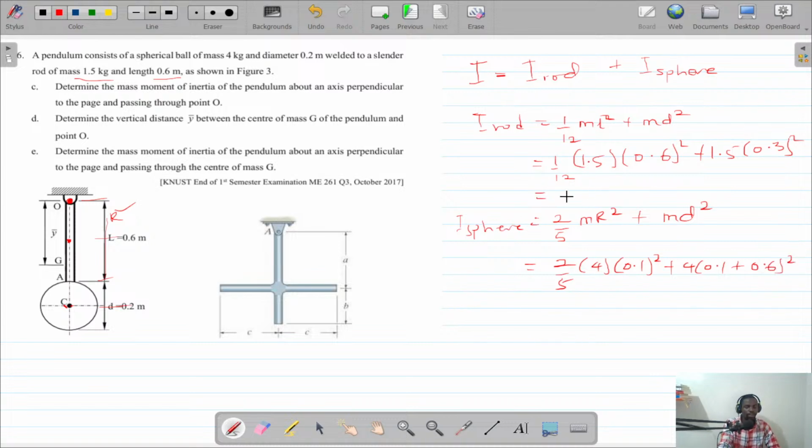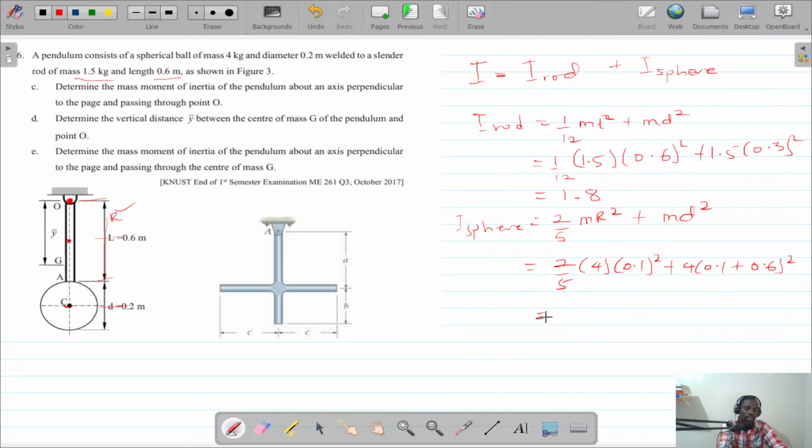So this one will give us 1/12, the mass 1.5, 0.6 squared, plus 1.5 times 0.3 squared. So this gives us 1.8.